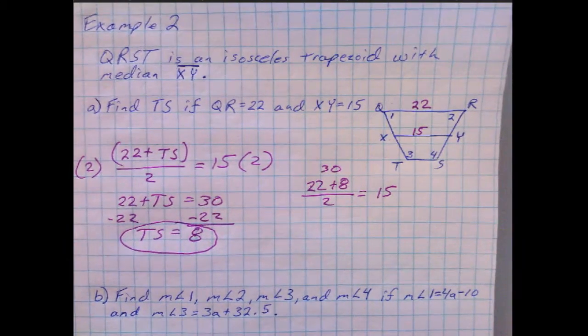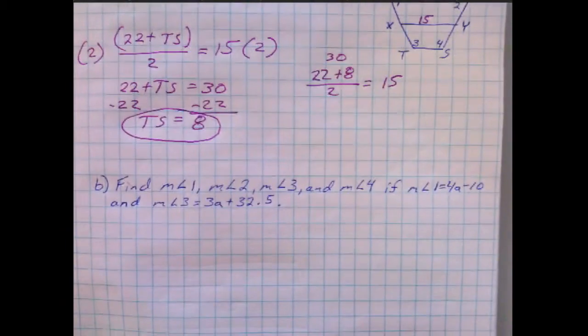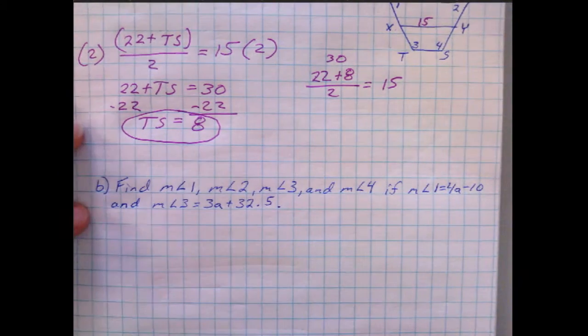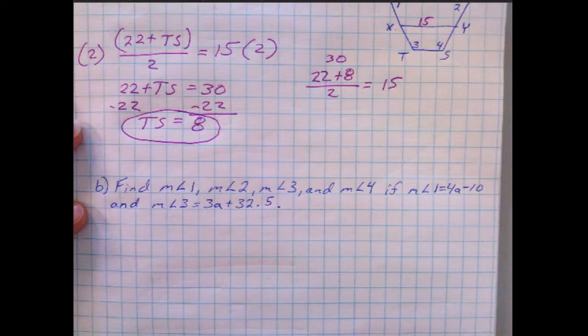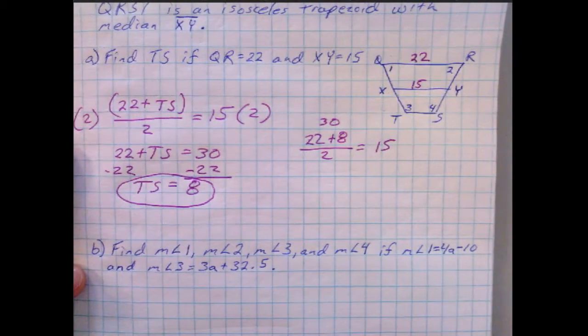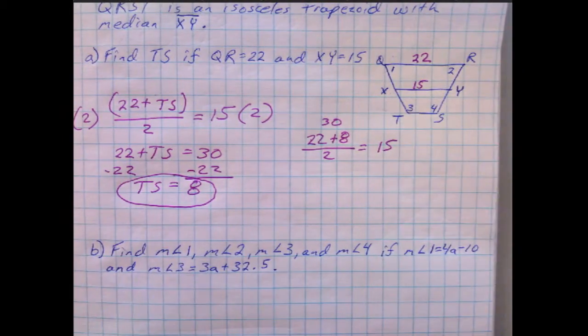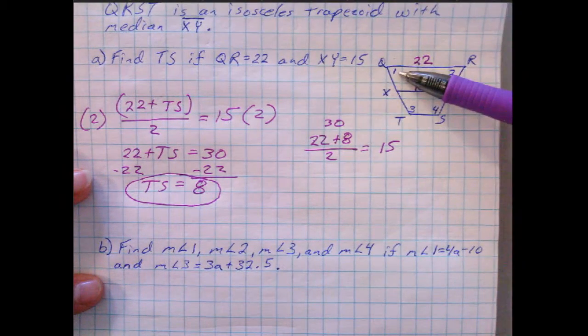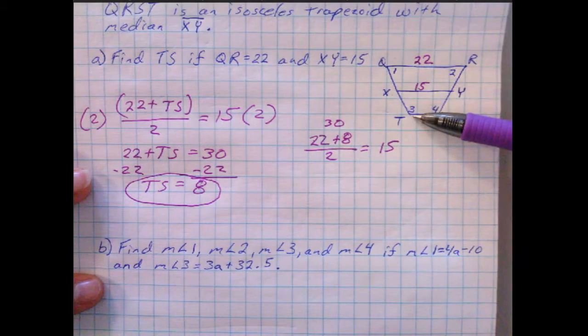Okay, that was dealing with our median and mid-segment. Then the next part says we're going to find the measure of angles 1, 2, 3, and 4 if we know that the measure of angle 1 is 4A minus 10 and the measure of angle 3 is 3A plus 32.5. So how do these all work together? Because we have angle 1 and we have angle 3.